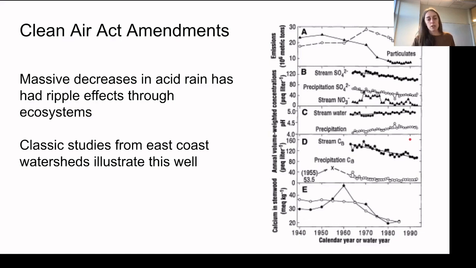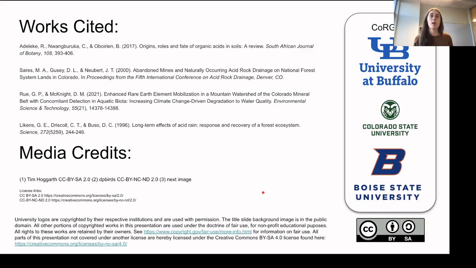So these classic studies from the East Coast are showing how much of a success story this was when we regulated the emissions from these coal-fired power plants. And so that is the last source of acidity we have to talk about today. And this wraps up our acid base and carbonate module, and we will continue to talk about this in class.